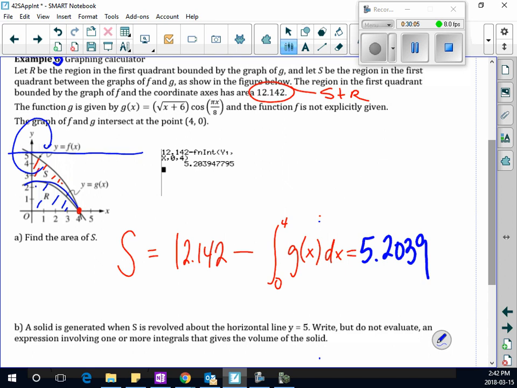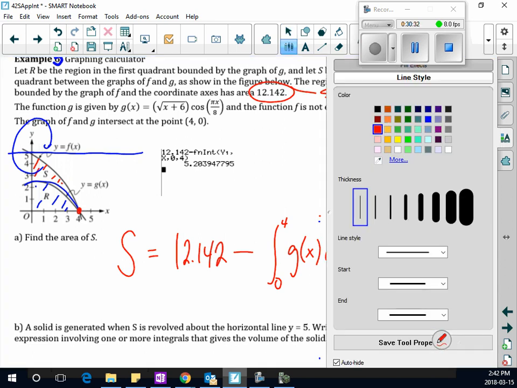So it says write, but do not evaluate. You know why we can't evaluate? Because we don't know what F is, right? So write, but do not evaluate an expression involving one or more integrals that gives the volume of the solid. So yes, this is a washer. I don't know if you had a chance to do your washer homework.